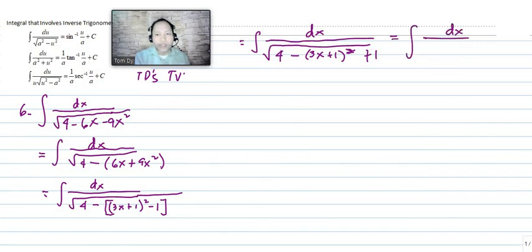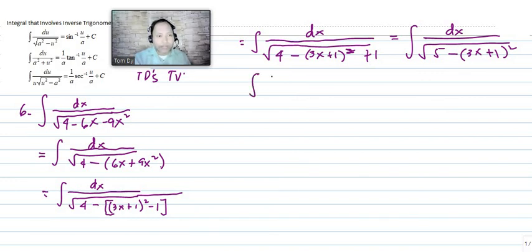Integral of dx over the square root of 4 plus 1 equals 5 minus 3x plus 1 raised to 2. If you have noticed here, this is du, our target is dx, and then square root of a squared minus u squared is square root of 5 squared minus this one. So we will rewrite this one in this format.